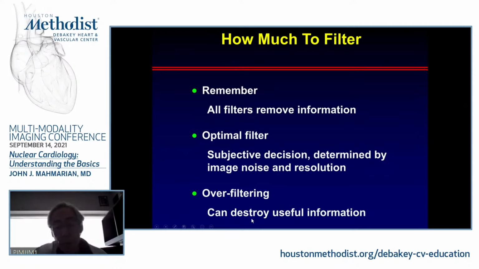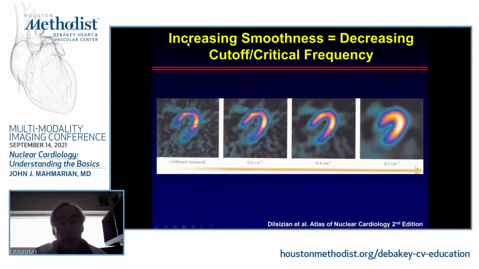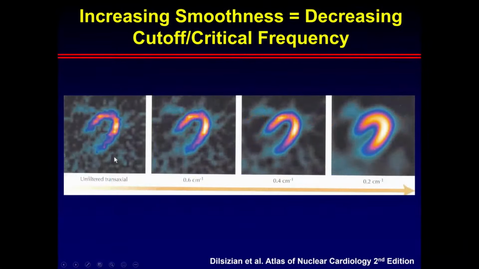And remember that over filtering, if you just keep low frequencies, you'll really destroy a lot of information. So here, let's look at frequency cutoffs. This is on a typical nuclear study. This is an unfiltered back projection. This is now adding a little bit of filtering where we're taking some of the high frequencies out, keeping the low frequencies.